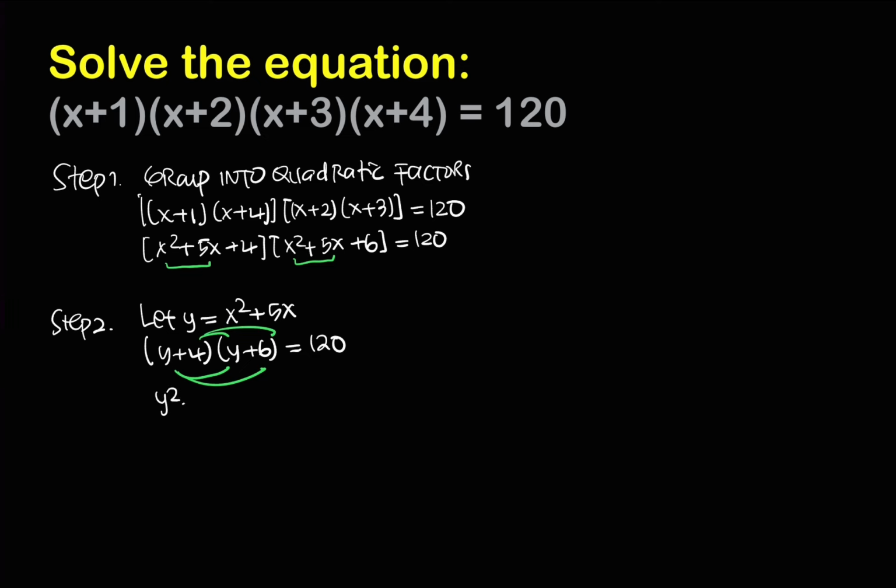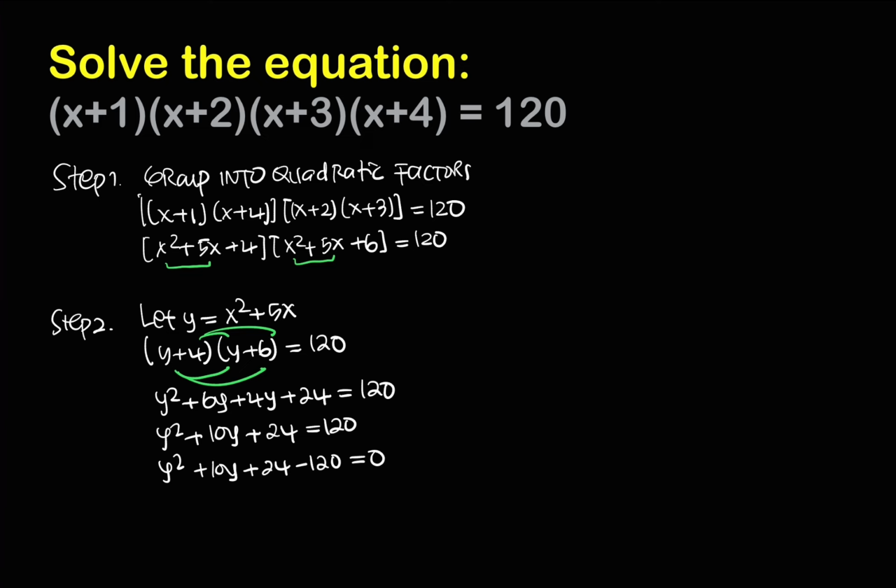Then it is y squared plus 6y plus 4y plus 24 equals 120. And then y squared plus 10y plus 24 equals 120. Then y squared plus 10y plus 24 minus 120 equals 0. Then you will get y squared plus 10y minus 96 equals 0.